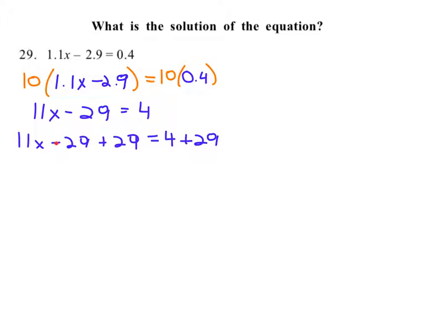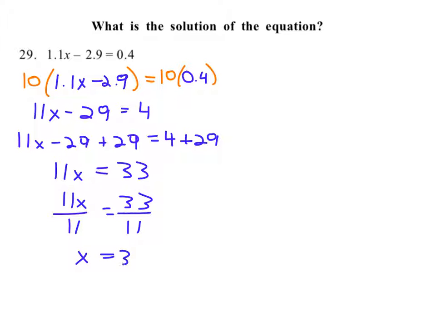And these are inverse operations that cancel out, and you get 11x equals 33. So 11x divided by 11 equals 33 divided by 11, or x equals 3.